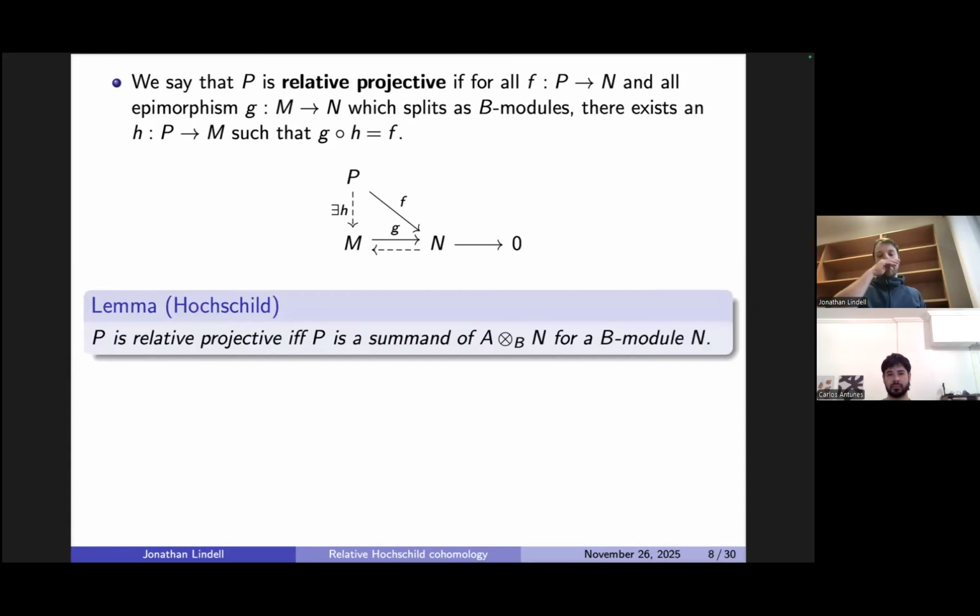And then there's the lemma given by Hochschild in this article that P is relative projective if and only if P is a summand of an induced module. So in general, for this setup of relative homological algebra, we get more projective modules if all the induced modules are projective, but we have fewer exact sequences since we have stronger assumptions there.